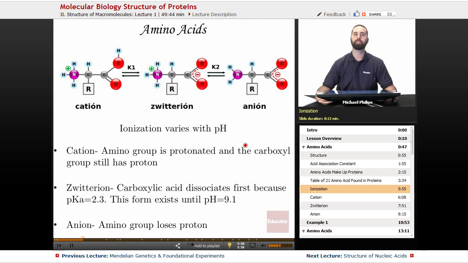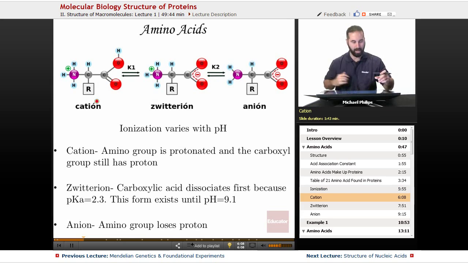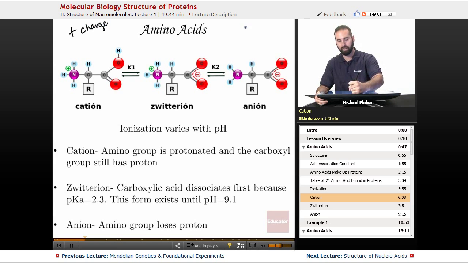So when we talk about our amino acids, we need to know that our ionization will vary based on the environment, the pH. So we have our cation. Now, a cation is just another way of saying a positively charged ion. An anion is a negatively charged ion.